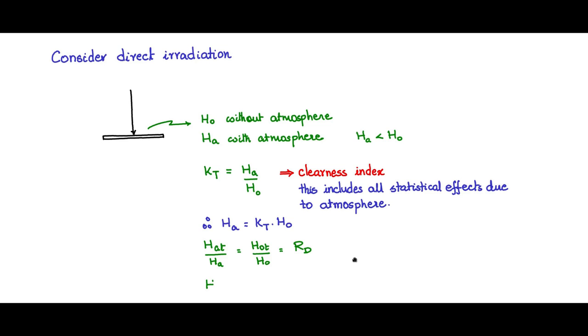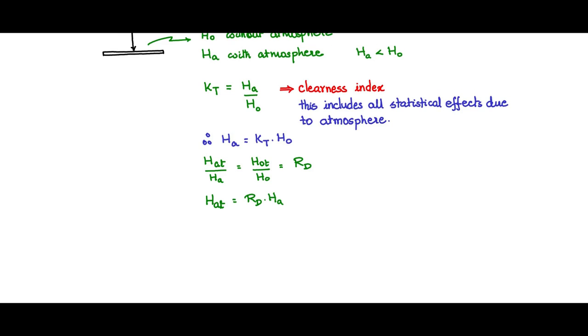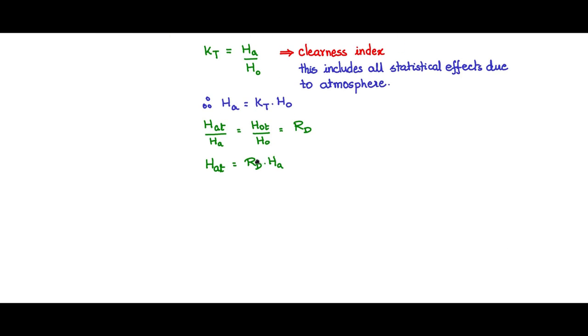Therefore, I will now say HAT is equal to HA into RD. This is an important relationship. Now this relationship we shall expand to include the diffused portion of the radiation and the reflected portion of the radiation, that is the albedo effects.